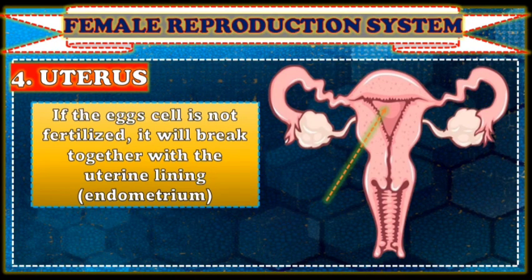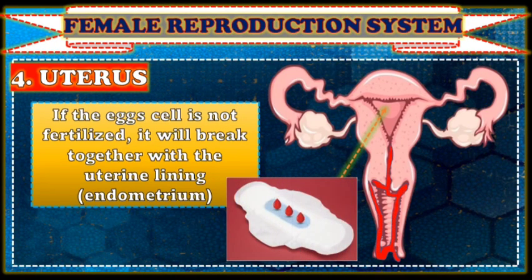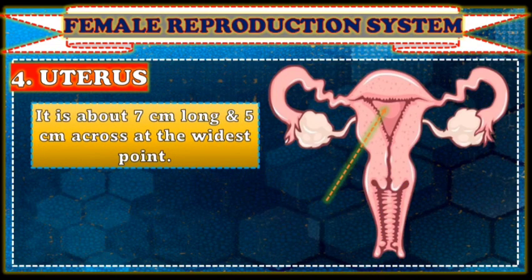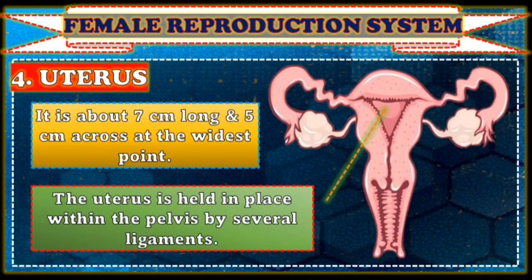And with that, menstruation occurs, or what you call the monthly bleeding of a woman. Next, it is about 7 cm long and 5 cm across at the widest point. The uterus is held in place within the pelvis by several ligaments.